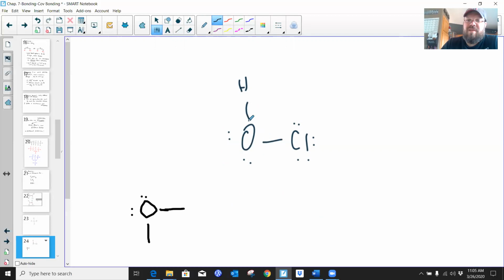And there is a reasoning behind why I put them on angles here, as the oxygen formed its single bond to the hydrogen to get hydrogen's duet, and its single bond to the chlorine to get chlorine's octet. Okay. And it's because in nature, the way that the atoms are distributed around the unbonded electrons of oxygen is that these bonds are going to have a tendency to form on angles. Okay. And again, we'll talk more about that later this week.